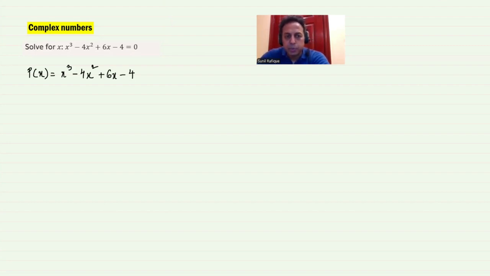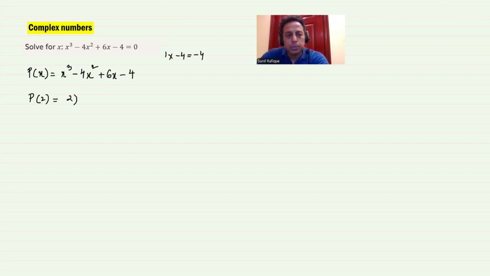error. So if you multiply the leading coefficient 1 with negative 4, you get negative 4. So what are the possible factors of 4? It's plus minus 1, plus minus 2, or plus minus 4. So let's try. I know by looking at it, the 1 does not work. So let's try p of 2.